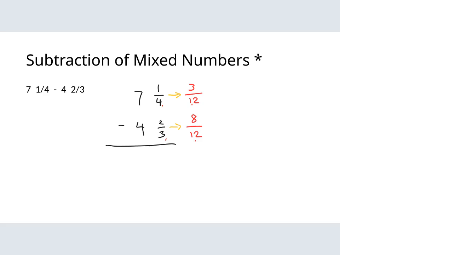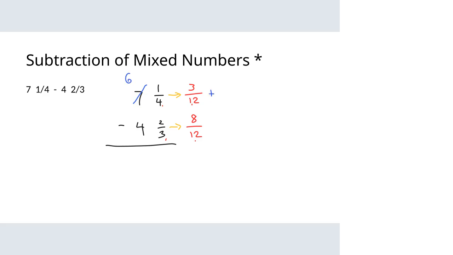Now, looking at my fractions, I'd like to do 3/12 minus 8/12, but that would give me a negative number, and I don't want that here. So I can't subtract 3/12 minus 8/12. What I'm going to do is trade from this whole number. That whole number of 7, I'm going to reduce down to 6.